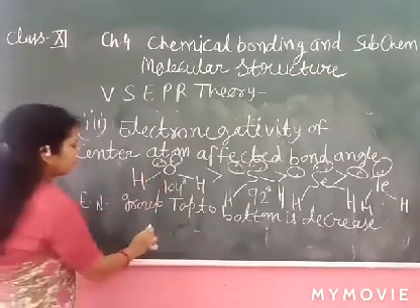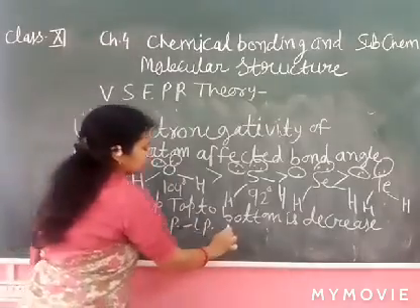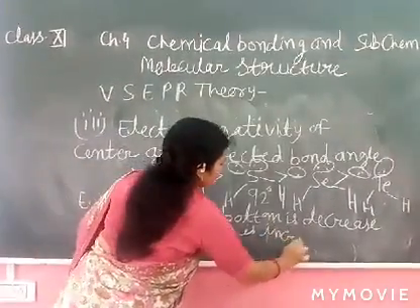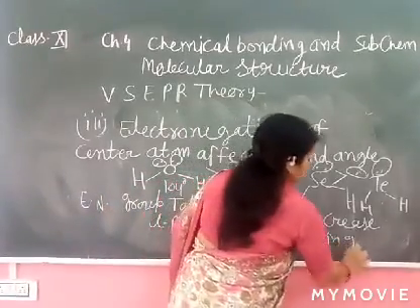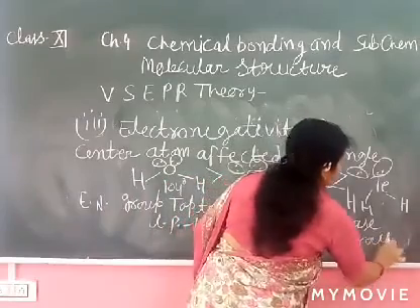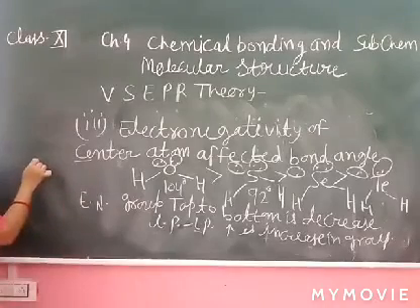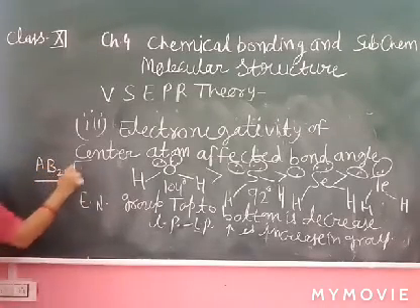So lone pair repulsion is increased down the group. Now it's clear. And this type is AB2 type.